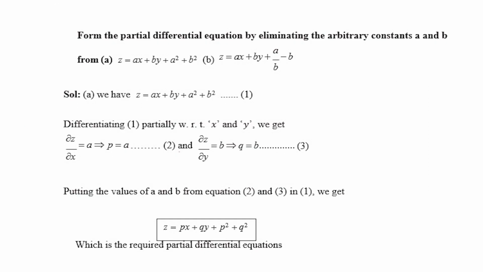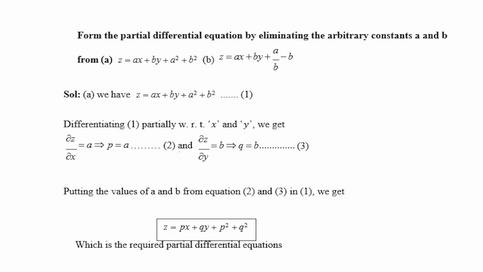Next, we see another problem for eliminating the arbitrary constants. Here they give z = ax + by + a² + b². First, we consider z = ax + by + a² + b². Differentiating this equation partially with respect to x, we get ∂z/∂x = a. Substituting ∂z/∂x = p, we have p = a. Similarly, differentiating equation 1 partially with respect to y, we get ∂z/∂y = b, that is q = b.